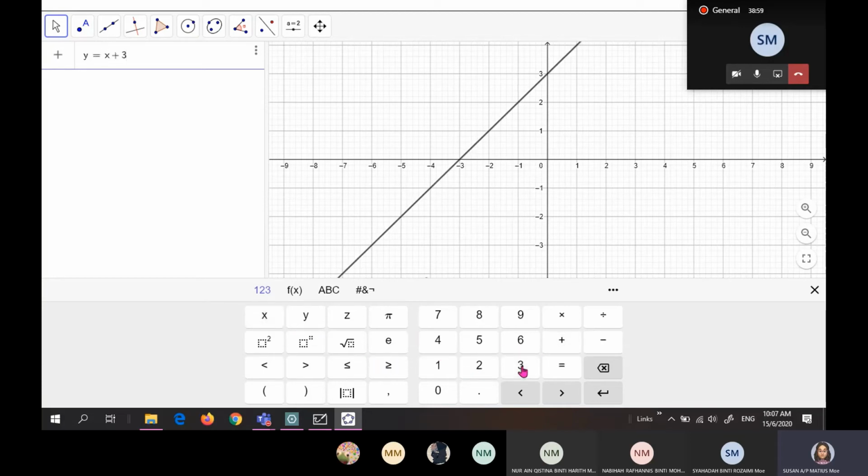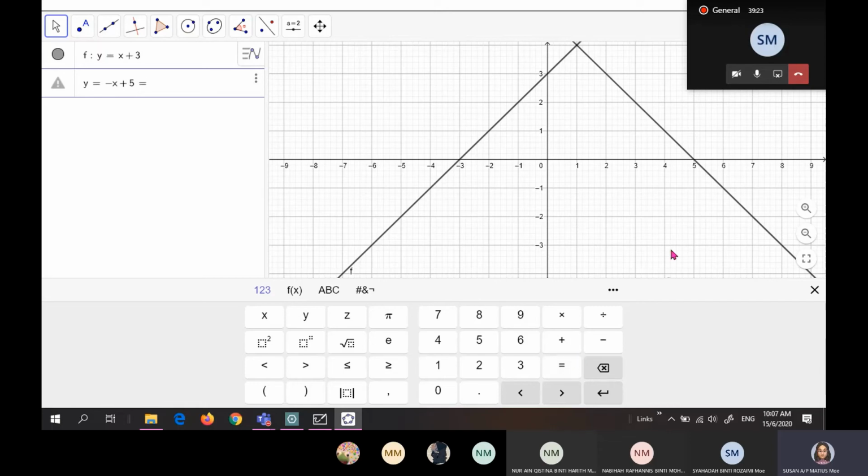This is the first linear equation. So let's look at the second linear equation. The second linear equation is given with the equation y equivalent to negative x plus 5. So this is the next equation.